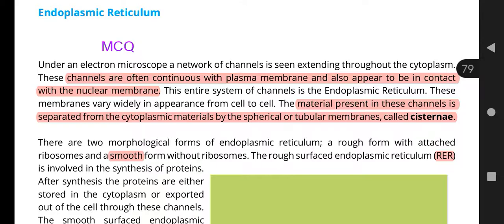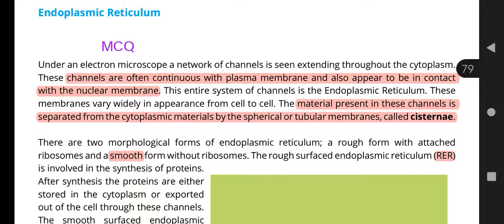Actually, what is the endoplasmic reticulum? It is nothing but a network of tubules that are spreading from the nucleus to the cell membrane. So these are channels, actually tubes, that extend in the whole cell, from the nucleus to the cell membrane.